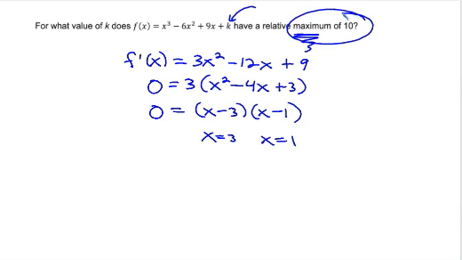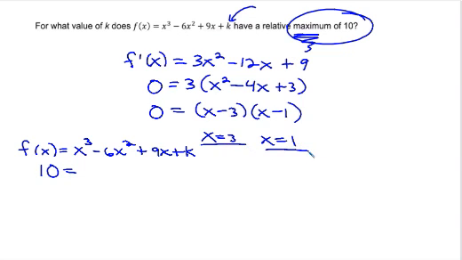Let's make this easy. Let's plug in 3, okay, into the function. So we've got f of x equals x cubed minus 6x squared plus 9x plus k. We want it to equal 10 when I plug the value in.